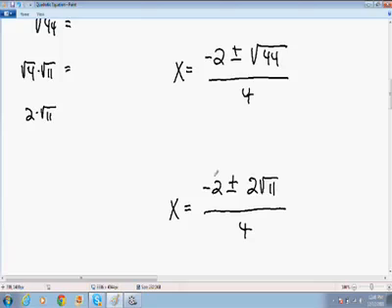We have 3 terms: negative 2, 2 square root of 11, and 4. And if you notice, all 3 terms have a common factor of 2, because negative 2, 2 square root of 11, and 4 can each be divided by 2 easily. So since they all have a common factor of 2, we need to simplify this even more.